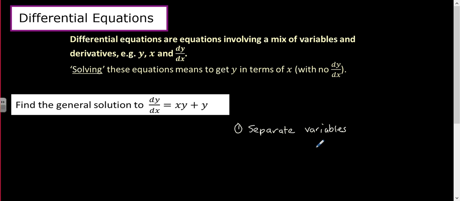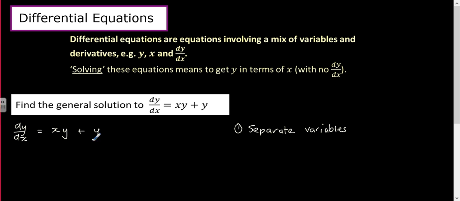That's what I mean by separating variables. We're going to eliminate the problem of integrating x's and y's together by separating them onto either side of the equation. So my initial equation: dy by dx equals xy plus y.